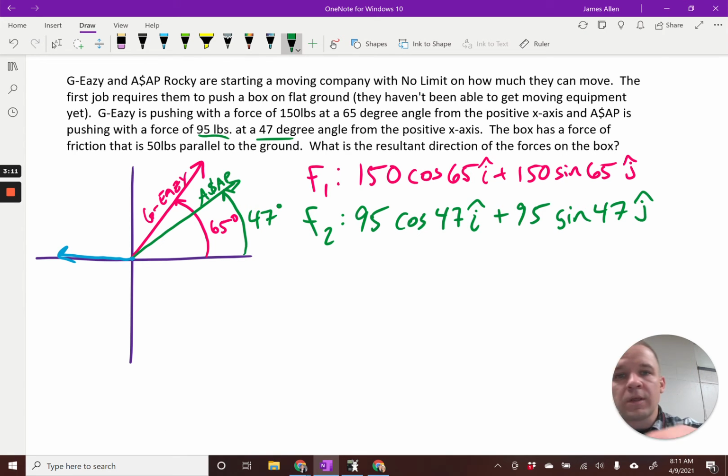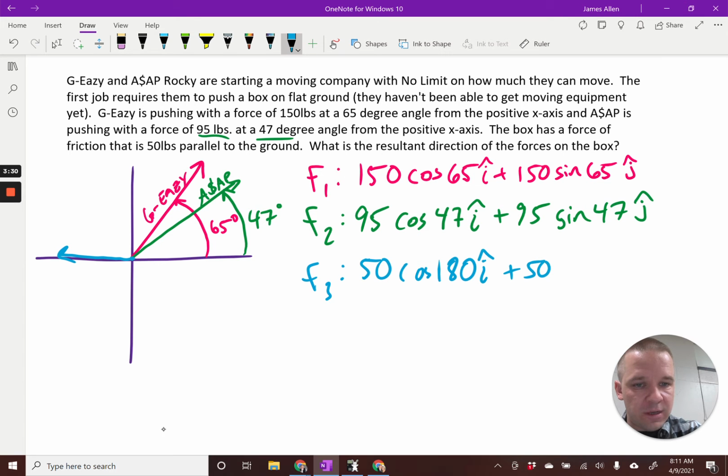So there's force 2. Now force 3, that's our friction, the friction of the ground. We said that was 180 degrees, and it's a 50-pound force of friction. So 50 cosine of 180 I hat plus 50 sine of 180 j hat.